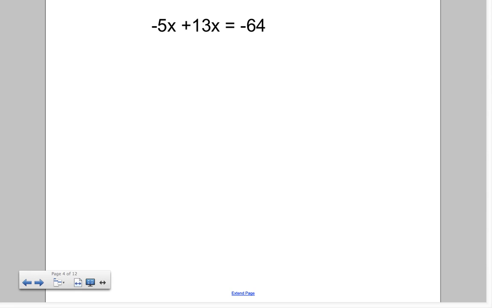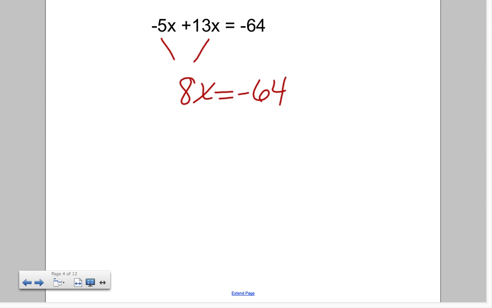Hopefully all of you did this. Because how many variable terms can you have on each side? 1. You guys agree?